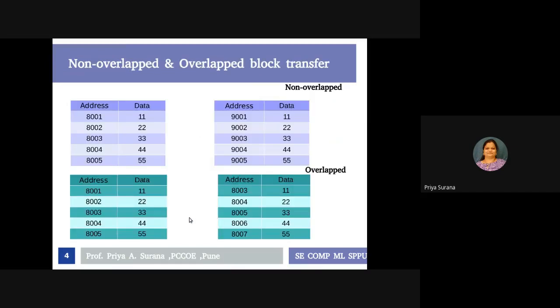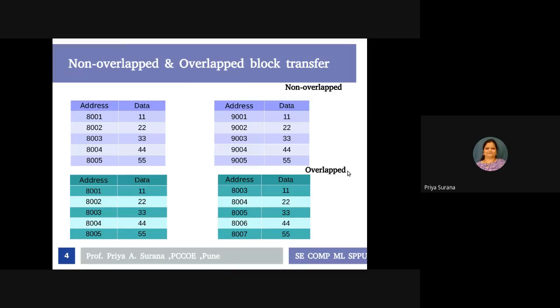After transfer, 8003, which is in the source also, will be changed to 11 in the destination. Similarly, locations 4, 5, 3 from the source are used in the destination. So the source starts from 8001 and the destination starts from 8003. Easily you can check that a few locations from the source are used in the destination, so it is called overlap block transfer.